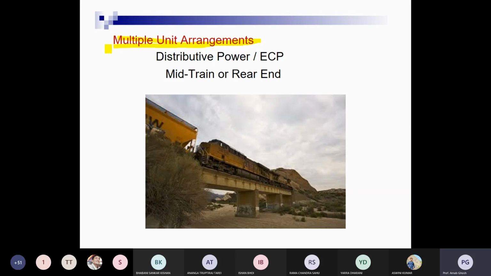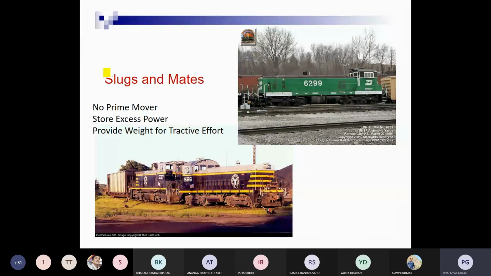Slug and mates, so what is the importance? In the previous cases, you know that there is no prime mover. No prime mover stores excess power and provides the weight and tractive effort. In these cases, you are directly using chemical energy for movement.